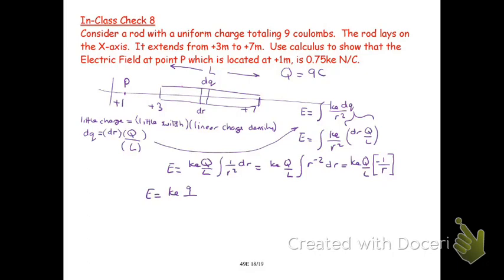Is it 7? It's 4, isn't it? It's 7 minus 3. Let's put that down so we remember it. 7 minus 3. And then let's have a look. -1 over, and what is, oh, I'm sorry, no. Duh.